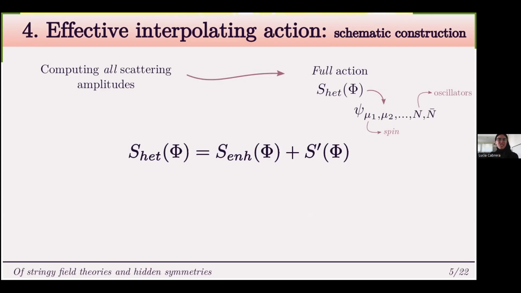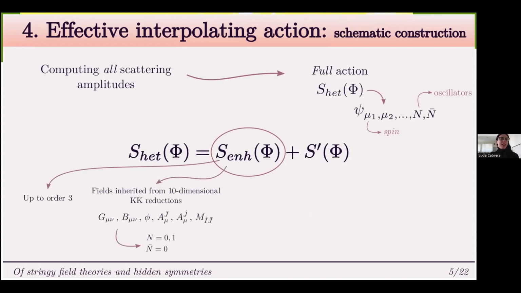We're going to split this action into 2 bits, and we're going to focus on the enhanced part, as we would call it. So in here, we will consider terms of up to order 3 in the fields. We will have our fields inherited from the 10-dimensional Kaluza-Klein reductions, so G, B, dilaton, vectors, and a Cartan scalar. And we're also going to be considering up to 1 oscillator on the left part and 0 right oscillators.